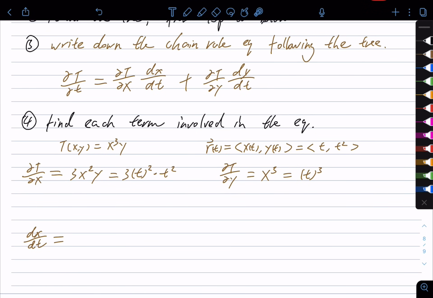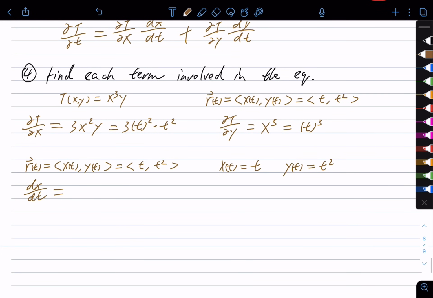Based on this equation, we're gonna find x of t equals t, y of t equals t squared. So dx dt is just 1. dy dt is just gonna be 2t. Okay?